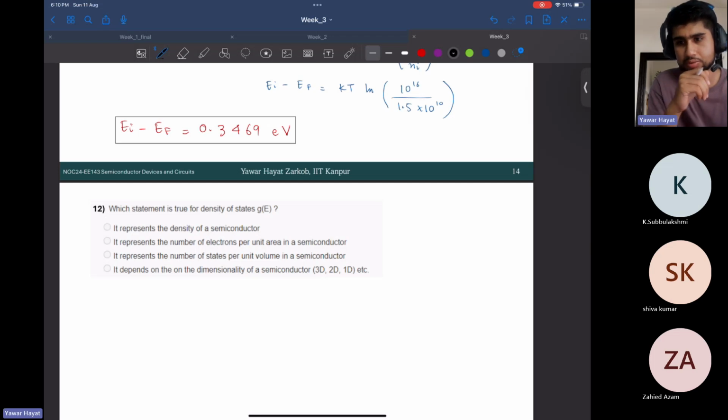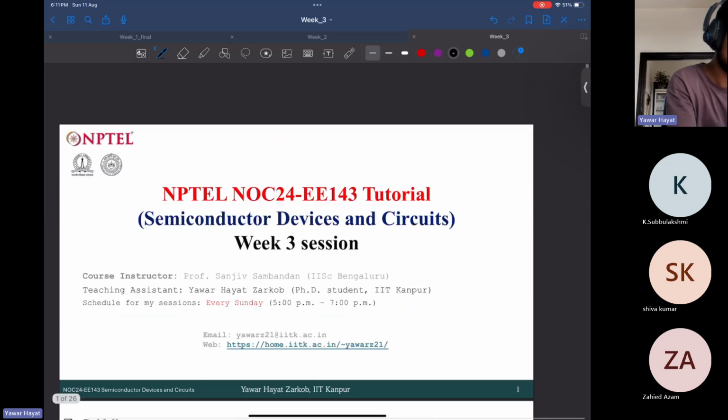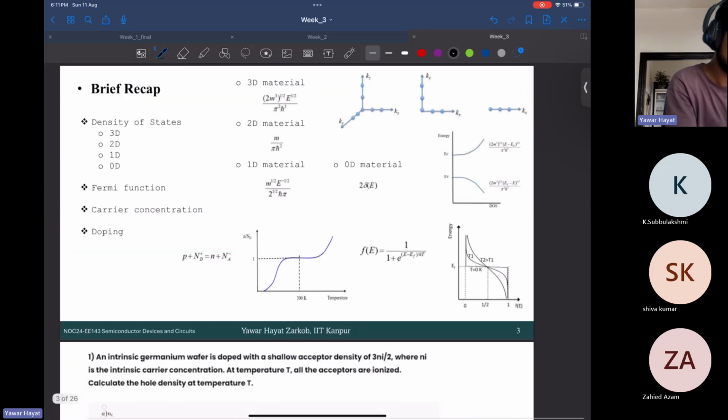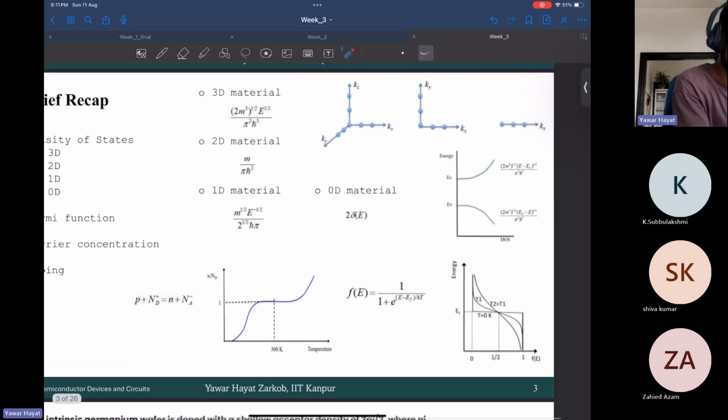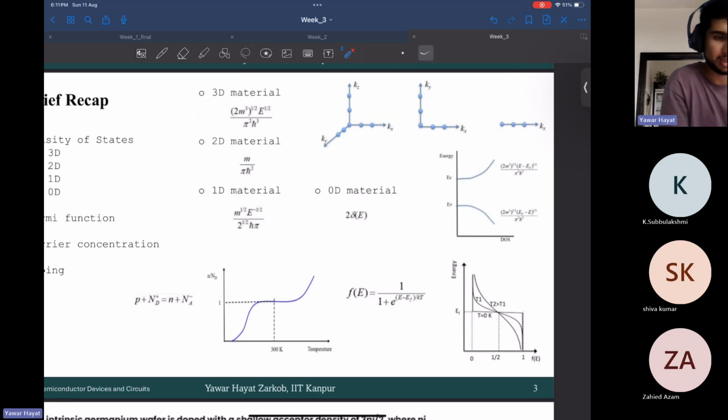So then which option should be correct? Should be option D, right? Because it does depend upon the dimensionality of the semiconductor. Why? Because we saw in the brief recap lecture that as we change the dimensions, the density of states expression changes, right?